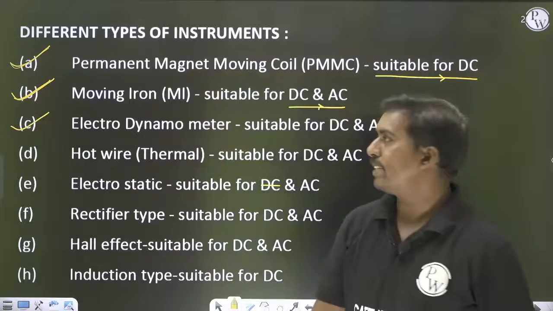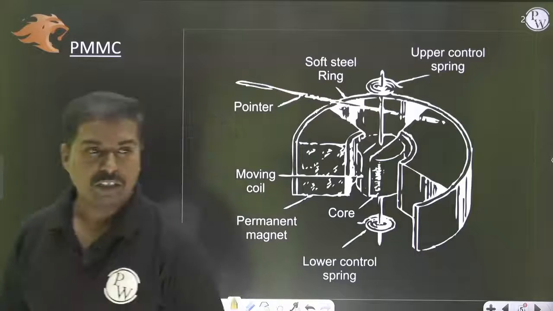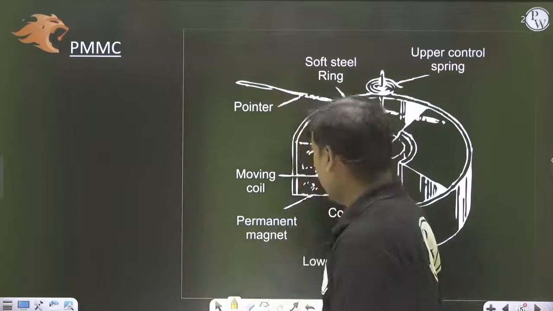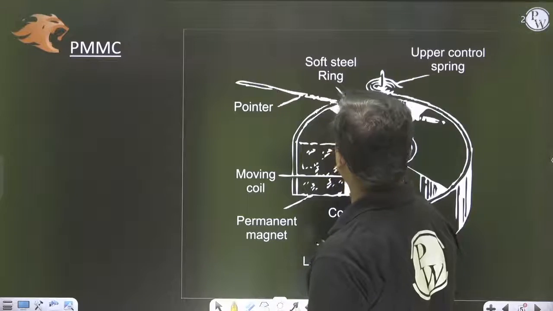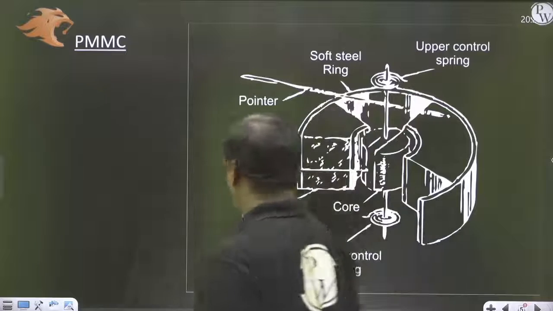Today's lecture, first we'll start with the PMMC. PMMC stands for permanent magnet moving coil, my dear. In the permanent magnet moving coil, there are 2 things you have to understand.